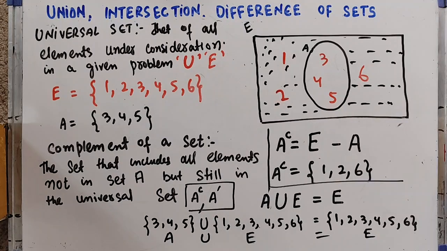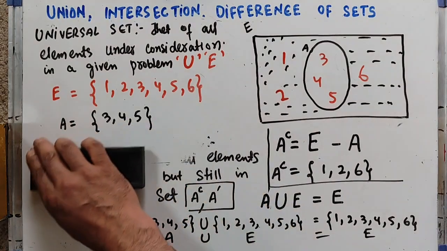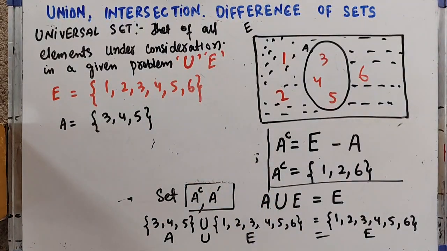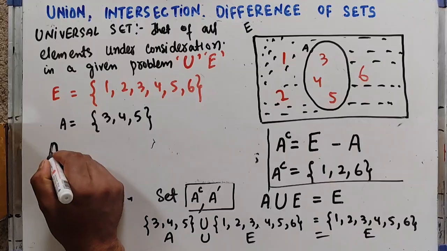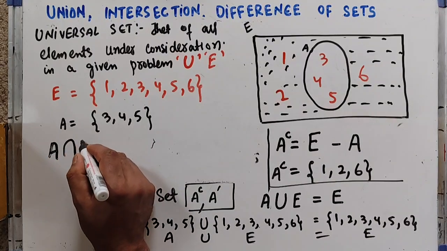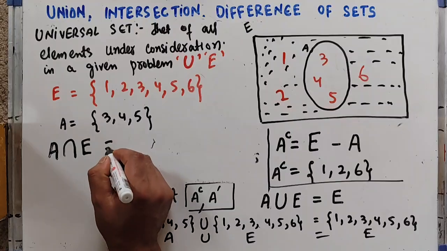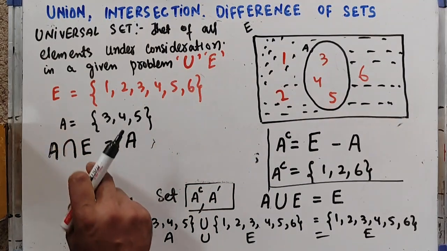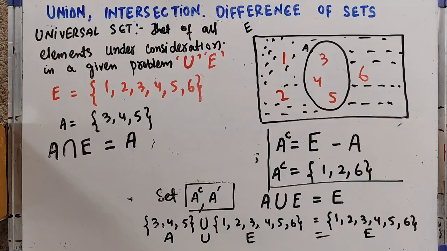Now another property of the universal set is that the intersection of set A with the universal set gives us A. So A intersection the universal set will give us A. How do we show it?